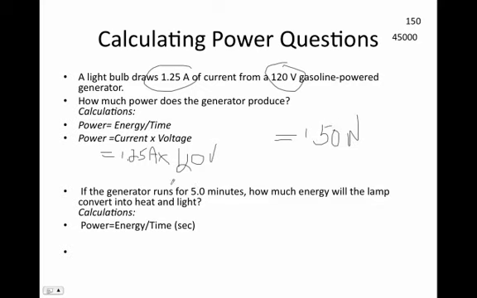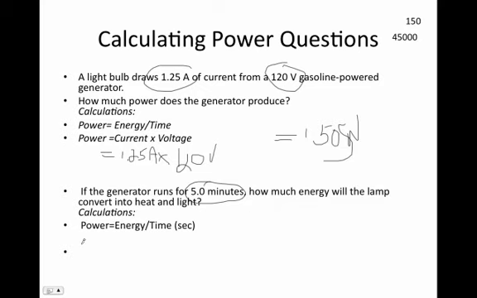One more. If the generator above runs for 5 minutes, how much energy will be converted into heat and light? So this time around, considering what we have, we know power is equal to energy divided by time in seconds. What do we know? Well, we know the power, 150 watts. We can find the energy, we don't know the time.